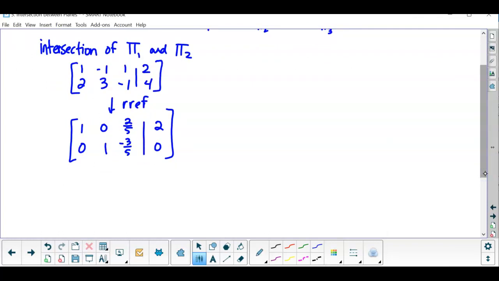That's where I would let my parameter at z not just be t, but whatever the denominator is, so that you don't have fractions to deal with. So this here is y minus 3/5 z equals 0. So I'm going to let z be 5t. Then I don't have to deal with fractions.